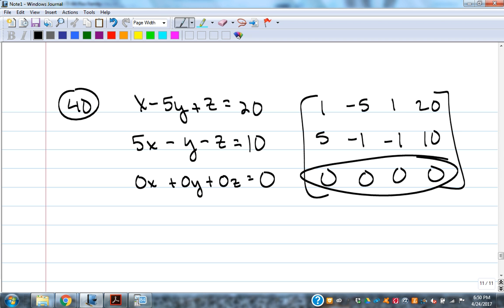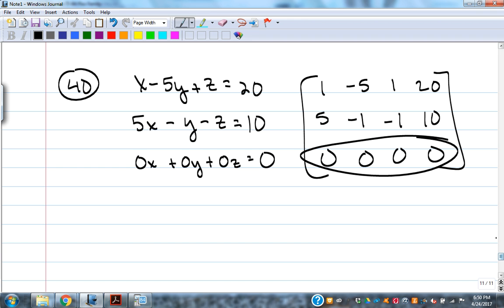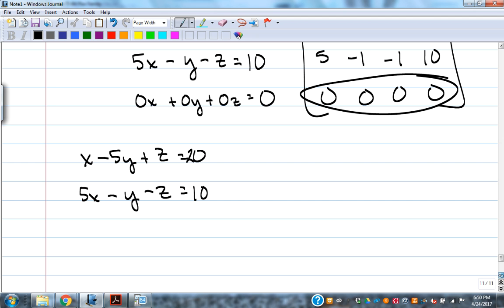So that means you want x in all your answers out of that. So you've got 2 equations to deal with. x minus 5y plus z equals 20. And then you've got 5x minus y minus z equals 10. This one's a little difficult because you've got too many variables going on there.